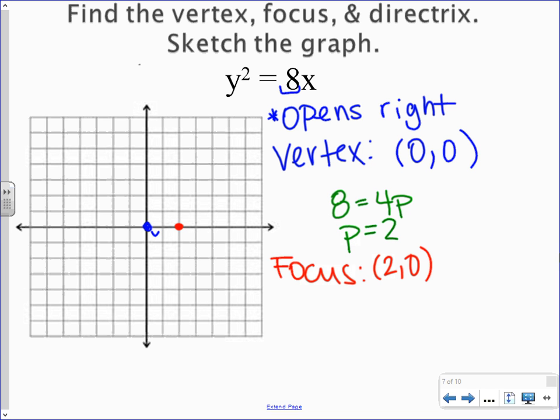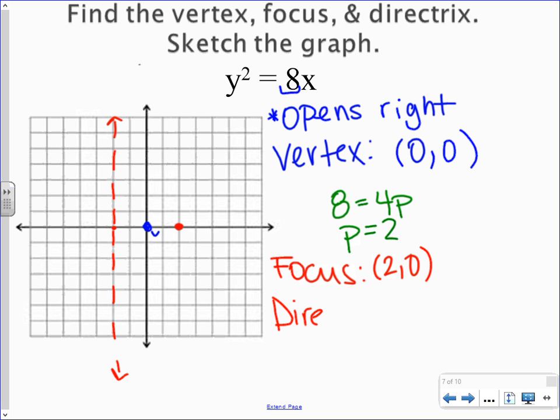Okay? We're going to go p the other way. So now we're going to go to the other direction, but it's really not a coordinate, right? It needs to be a line perpendicular to the axis of symmetry, which means it will be vertical or horizontal. It will be vertical because the focus is lying on the axis of symmetry.